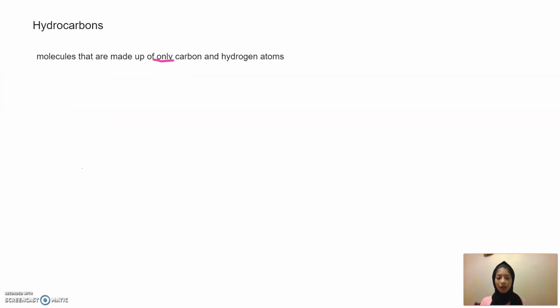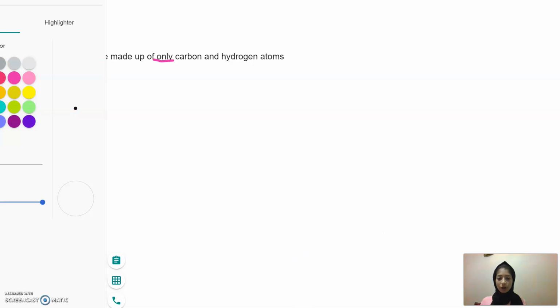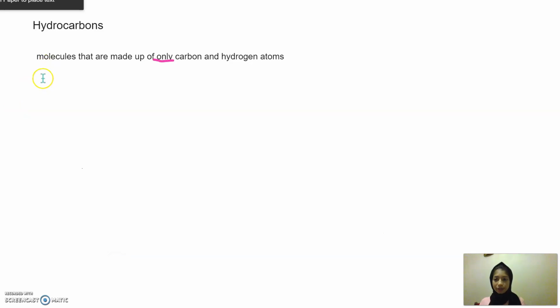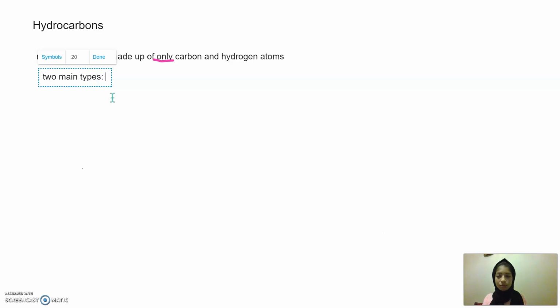So what else do we know about hydrocarbons? Well, there are actually two main types. And these are called alkanes and alkenes.